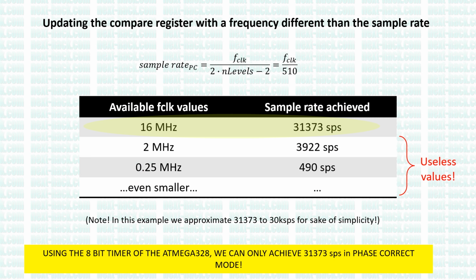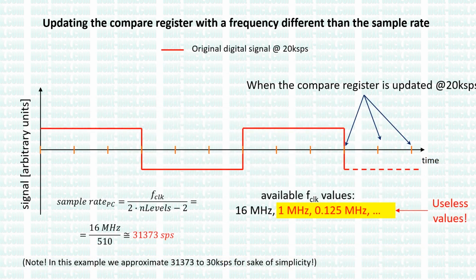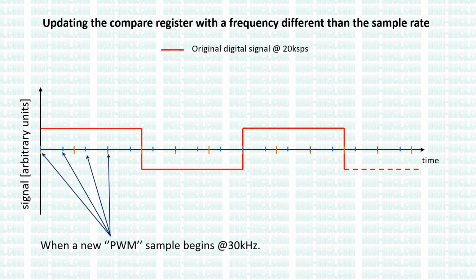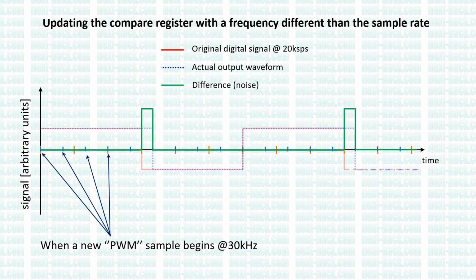With this frequency, we can achieve about 30 kilosamples per second. In other words, we are updating the compare register at 20 kHz, but the PWM is running at a different frequency, about 30 kHz. As you can see, the generated output signal will differ from the original one. The difference is actually an additional noise, which affects the signal quality.